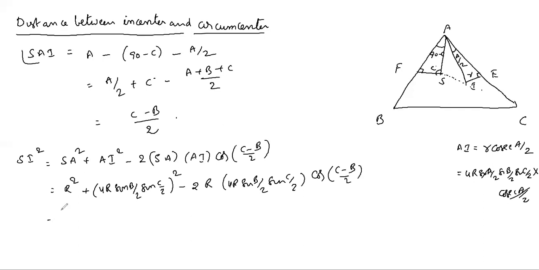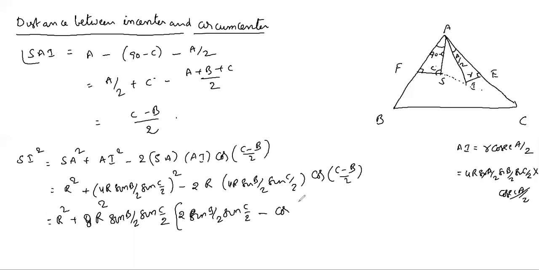Same R square plus 16R square sine square B by 2 sine square C by 2, minus 8R square common, sine B by 2, sine C by 2, cos of B minus C by 2. B minus C by 2 and C minus B by 2 are the same.